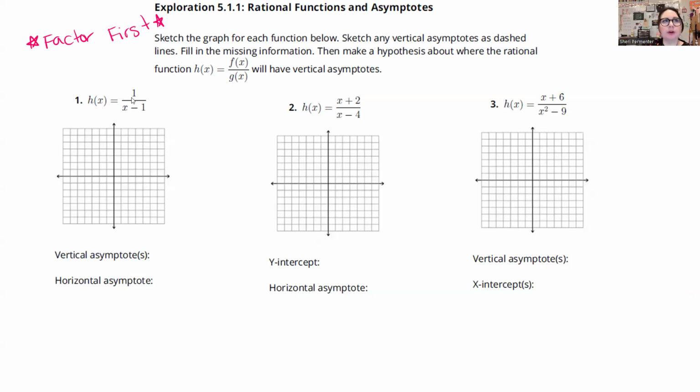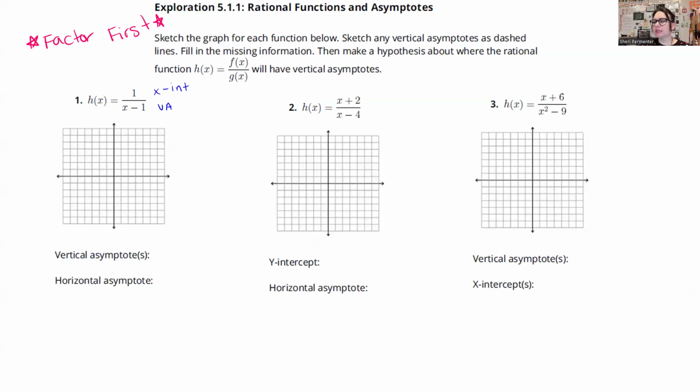So what we need to remember is that the numerator helps us find the x-intercepts, and the denominator helps us find vertical asymptotes. And so I'm going to jot that down. My x-intercepts are going to come from the top, and my vertical asymptotes are going to come from the bottom. So when I look at the numerator, is there an x in the numerator?